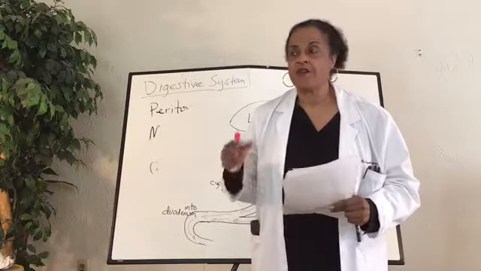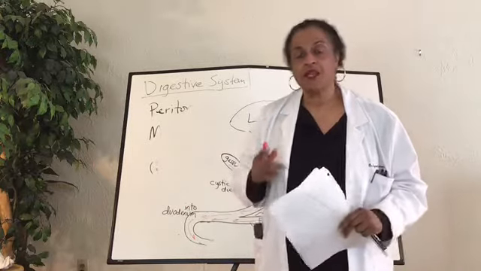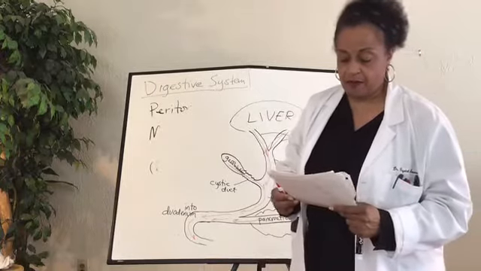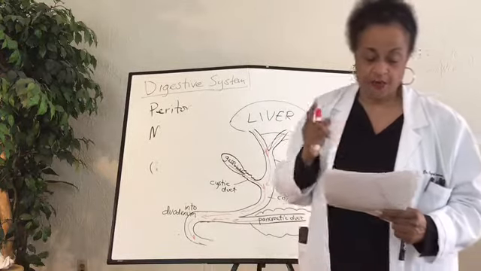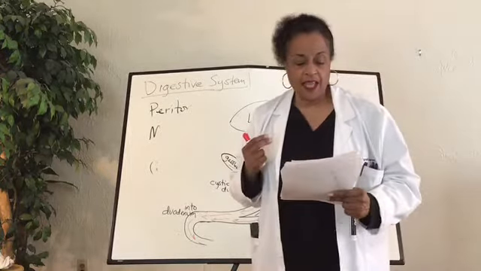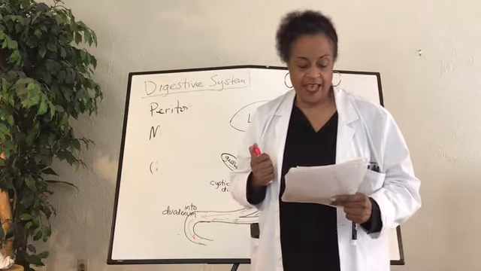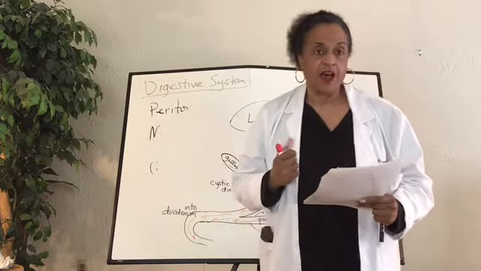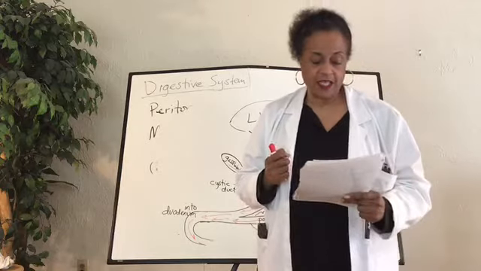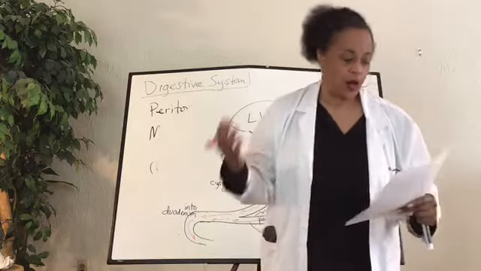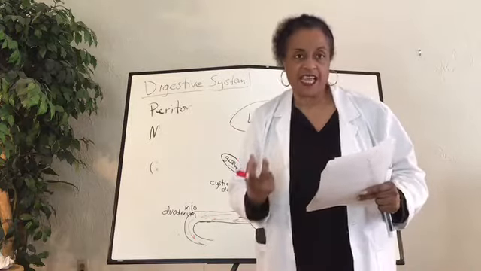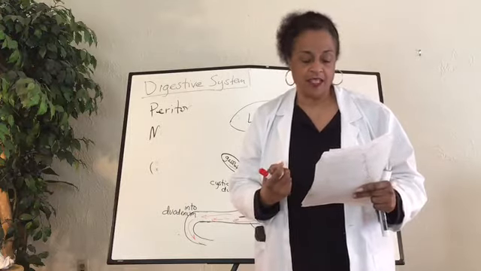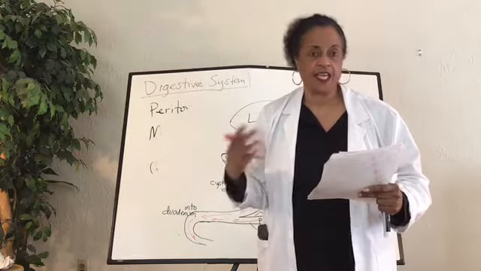You don't want a fatty stool, and this is what can happen. I'm going to answer that question in a minute. I want you to know that bile aids in the absorption of fats. 80% of bile salts are recycled in the liver to once again become part of bile. The liver's hepatocytes extract the bilirubin and excrete it into bile.